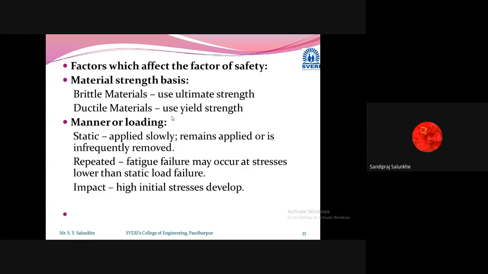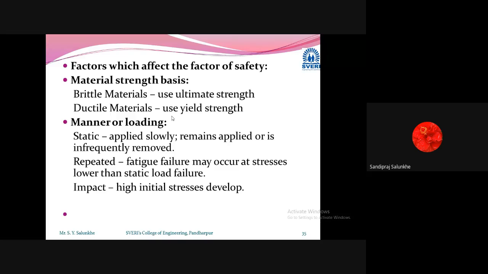Now, in some cases, we are going to say ferrous and non-ferrous materials. Now, there are different types of materials which are available in the market. So, we'll concentrate on brittle and ductile material. So, while we are choosing that factor of safety value, then we have to take care while we are using brittle material and while we are using ductile materials.